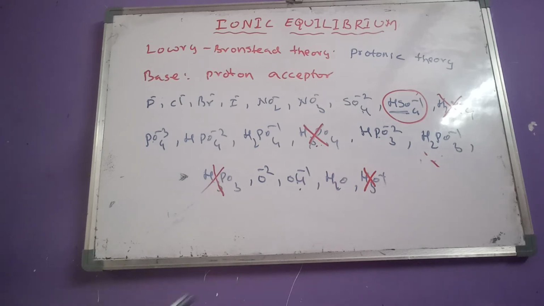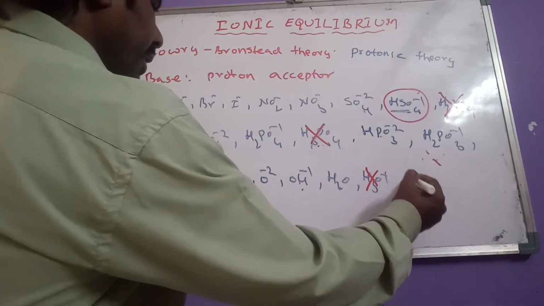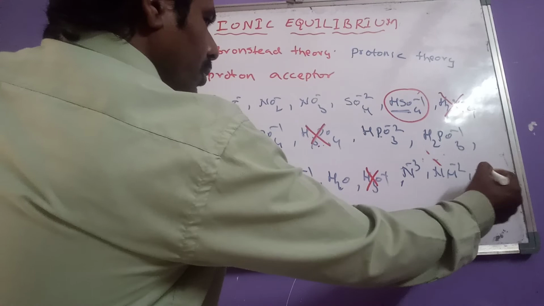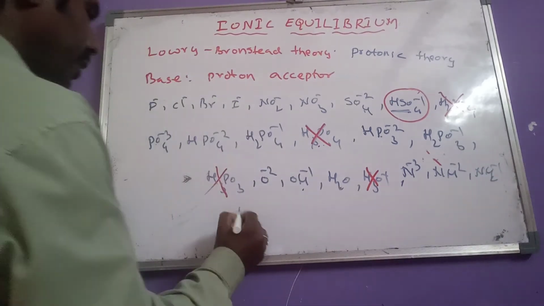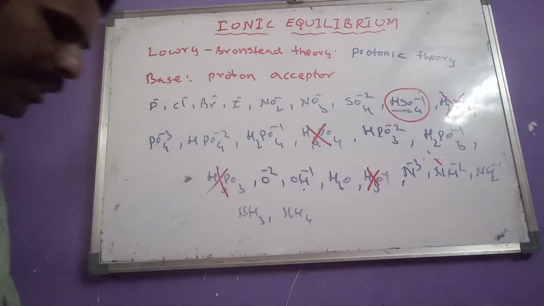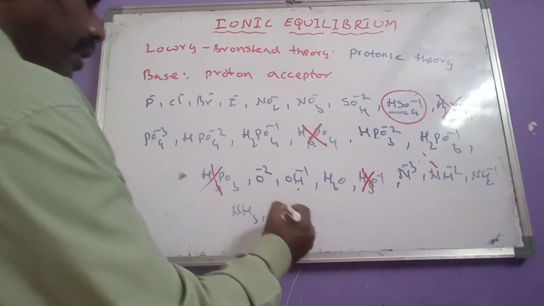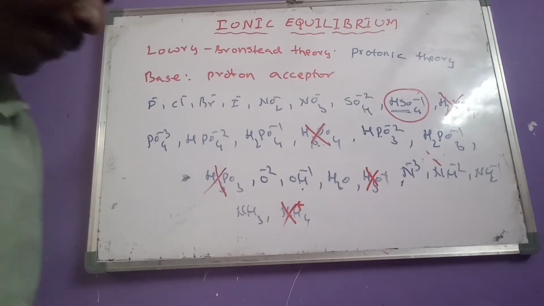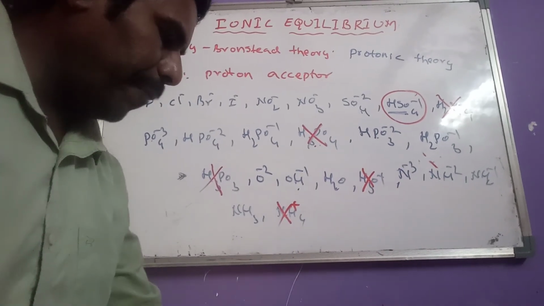Like that, we can write the NH4 plus example also. That means we can write here N minus 3, NH minus 2, NH2 minus 1, NH3, NH4 plus. But NH4 plus does not act as a base, because it could not accept a proton.